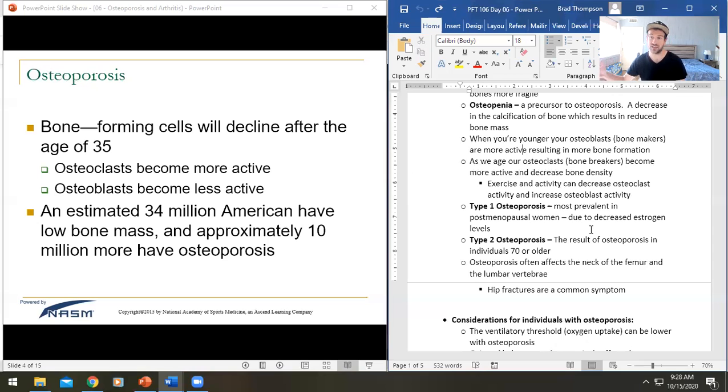So I'm going to make a body that is strong enough to overcome that active lifestyle. That's, again, function following form, right? So as we get older, we have to make sure that we continue exercising, and particularly doing the types of exercise that result in increasing bone density, which we're going to talk about in a little bit, typically weight-bearing types of exercise.